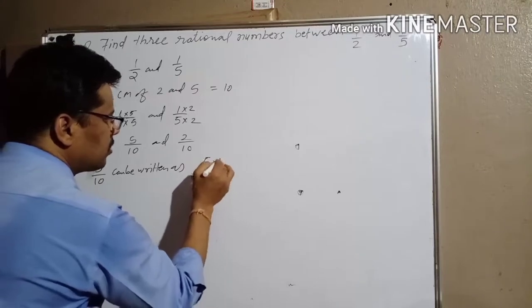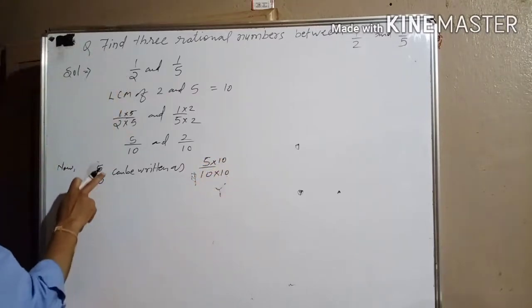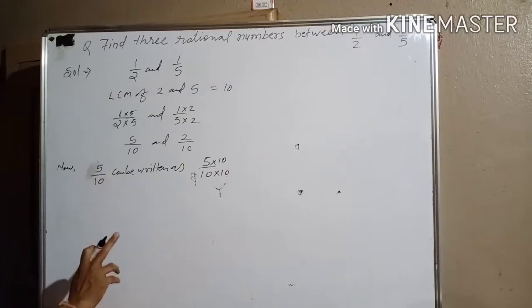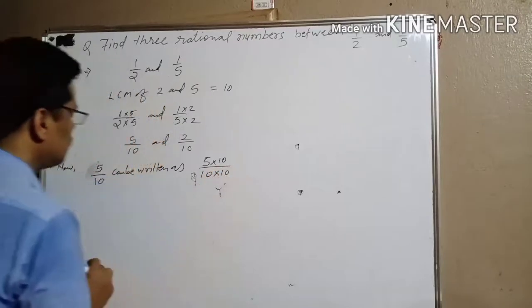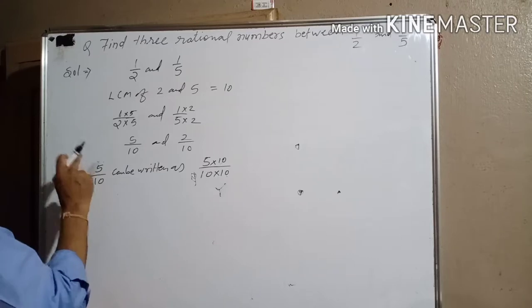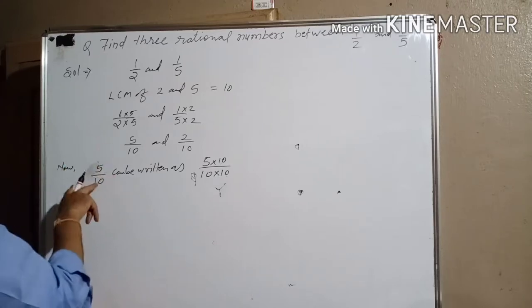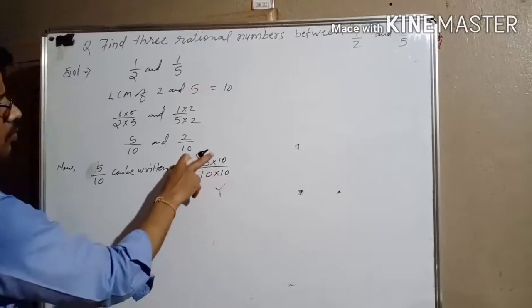Many students are not able to understand, so you can use this concept. We multiply both numerator and denominator by the same number. This is the rule of rational numbers. If I want to make a change in the numerator, I should multiply the numerator by a number, and the same number should be multiplied in the denominator as well. So here we are multiplying both numerator and denominator by 10.